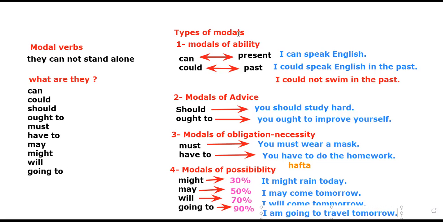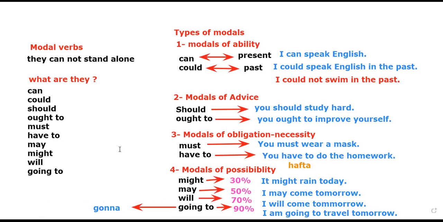وعلى فكرة going to actually can be used as an abbreviation كاختصار ممكن تستخدم gonna. بس ما في بعدها to. gonna.